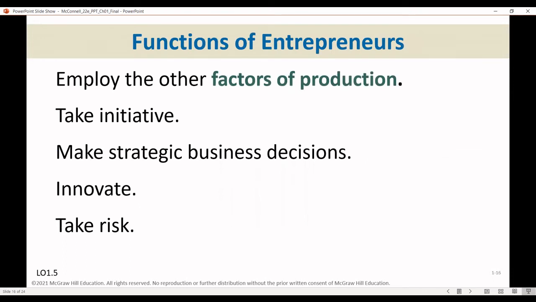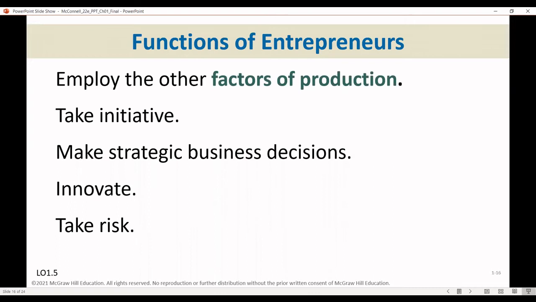You see that entrepreneurs have a different skill. They are the ones who take all the rest of the factors of production, or resources, and combine them in the way that achieves the desired outcome. And in doing that, they will take initiative, they will take risks, they will make big decisions to be able to achieve that desired outcome, right?